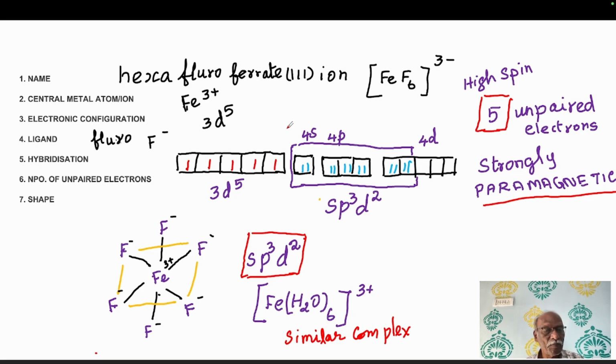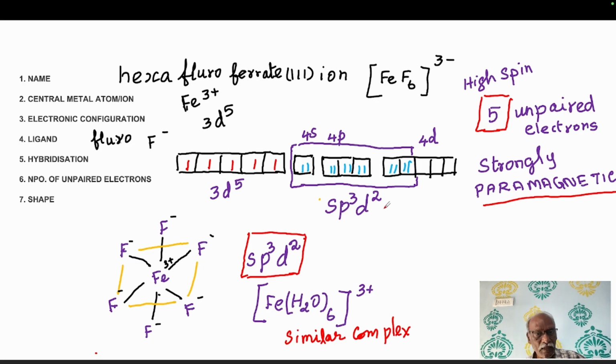As the F minus approaches this central metal ion, it cannot do any manipulation in the 3d orbitals, and it takes the next 6 vacant orbitals, say 1 s orbital, 3 p orbitals, and 2 4d orbitals, thereby mixing up to form sp3d2. These 6 vacant orbitals in the next higher energy level are put together, forming sp3d2 hybrid orbitals.